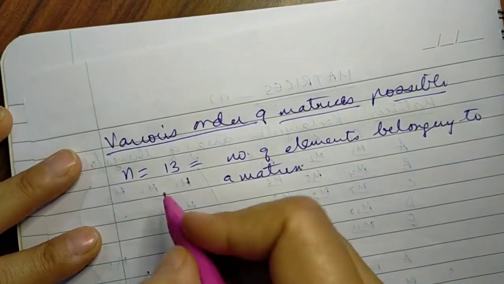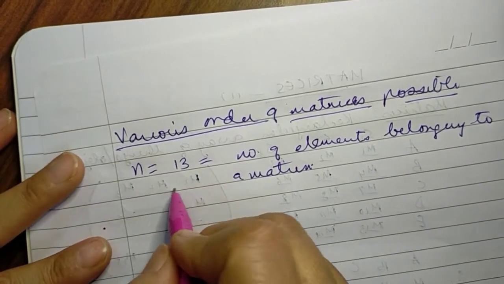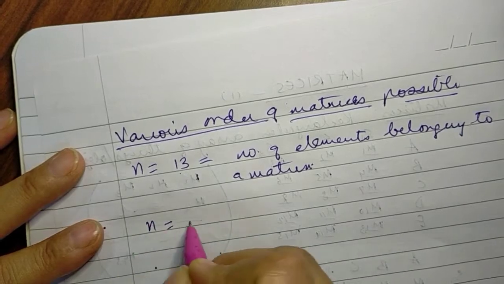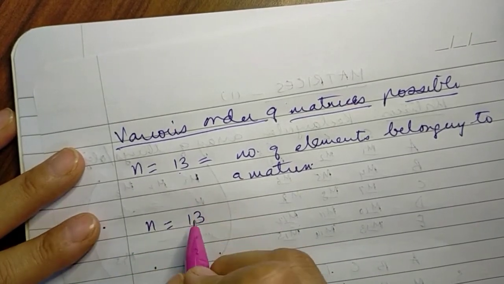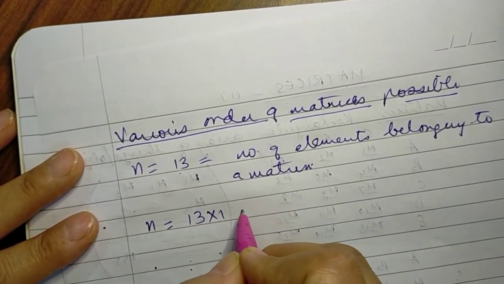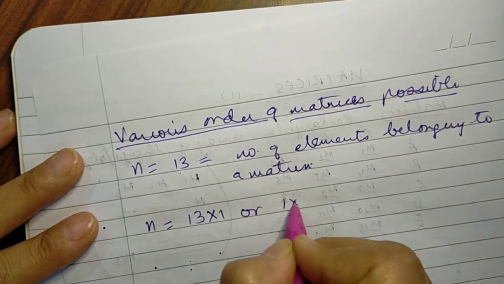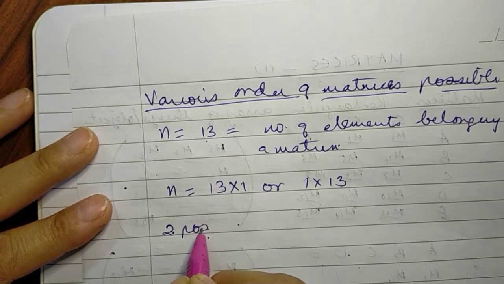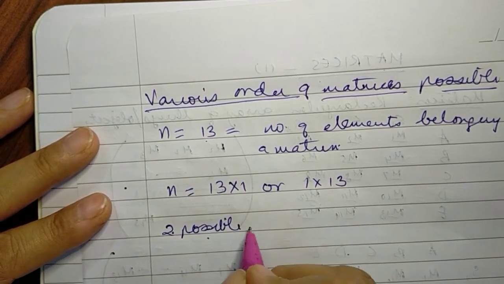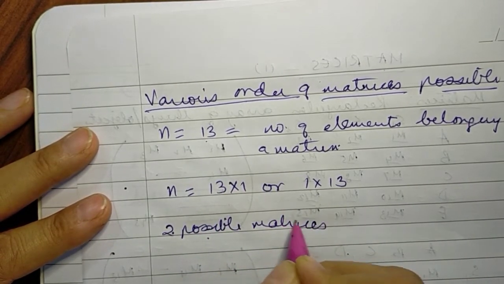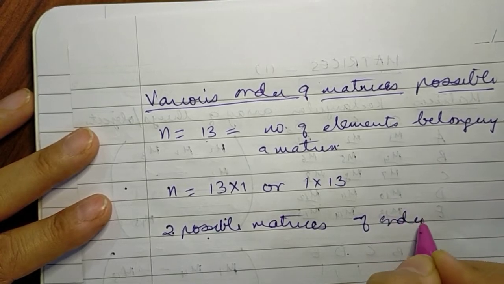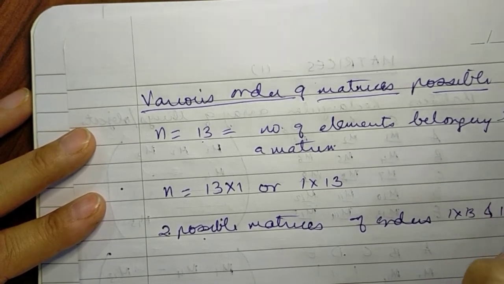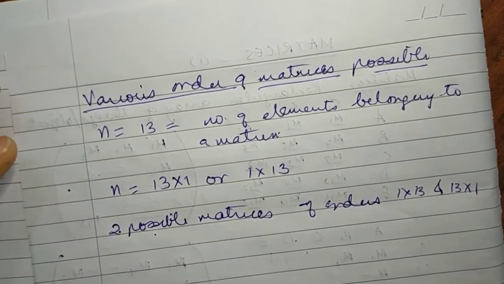Now what we do is we find the various factors of n. So n can be written as, it being a prime number, only 13 into 1 or 1 into 13. So we can have only two possible matrices, of orders 1 by 13 and 13 by 1.